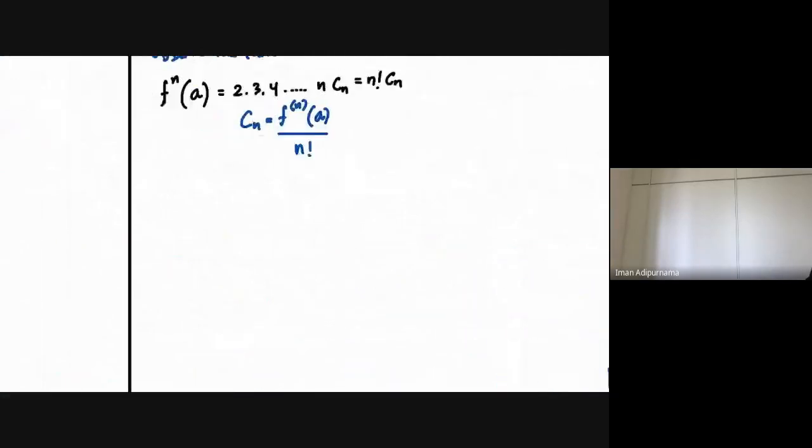Now let's see the function 1 divided by 1 minus x.